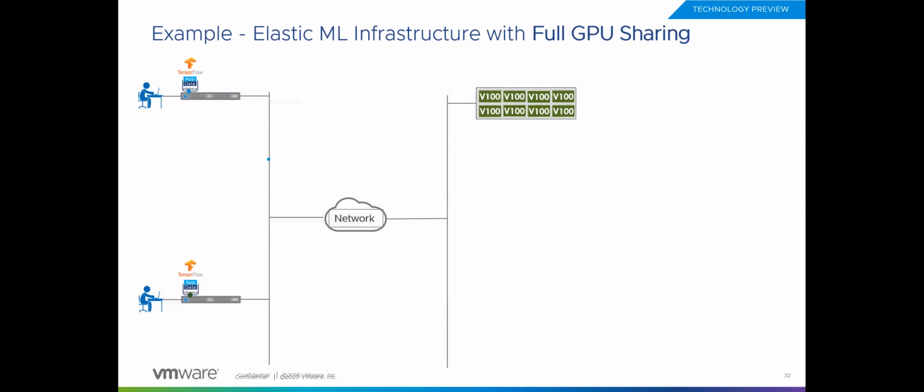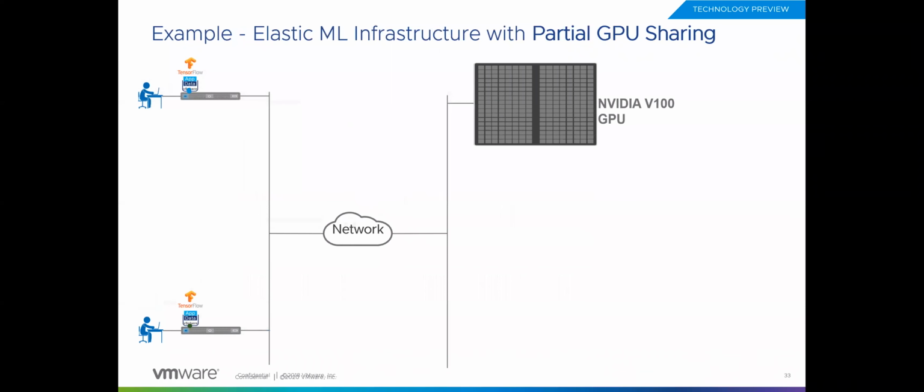This is just a quick overview and just to show you that we can do full GPU sharing, right? We can assign, in this specific instance, multiple GPUs to a data scientist running its workload. And on the same side, we might have a data scientist that has a requirement for just one GPU, right? The same thing, but now to carve up one GPU device.